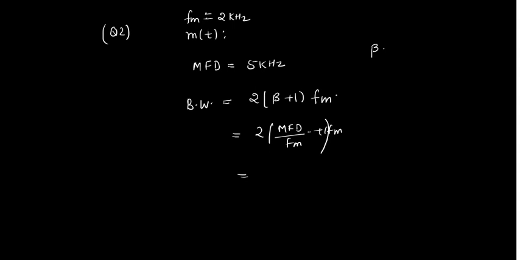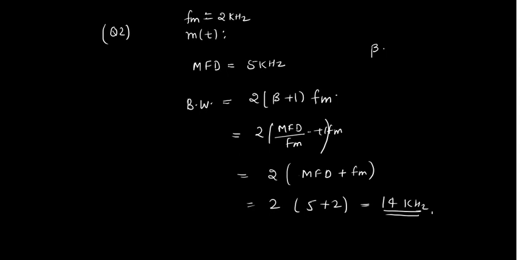So it would be 2 times (max frequency deviation plus Fm). So 2 times (5 plus 2) is 14 kilohertz. This was quite simple.